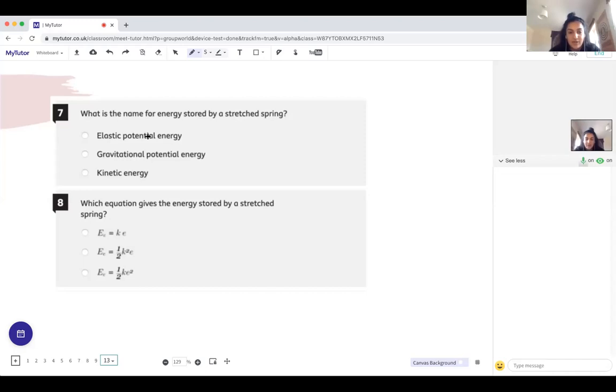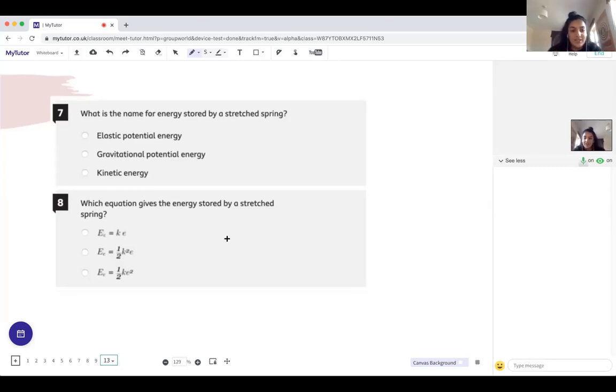Anything to do with springs, bungee cords, hair bands, rubber bands, elastic bands is going to be storing elastic potential energy when it's stretched. If it's just in its original form and just sat there, then it doesn't have elastic potential energy. It's only when we stretch it that it stores elastic potential energy.